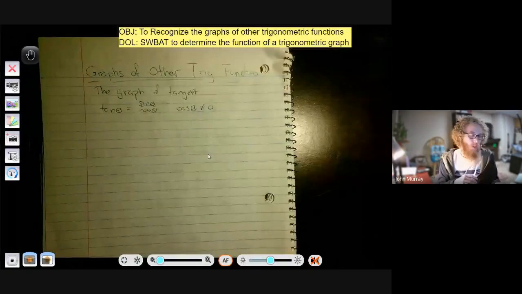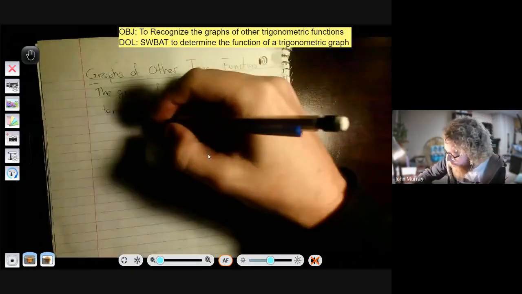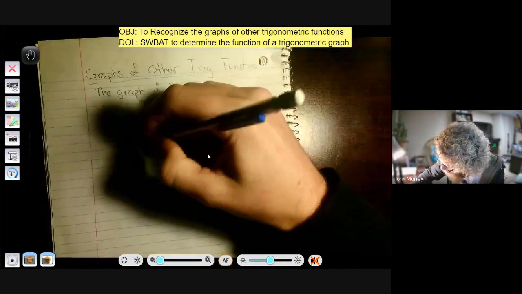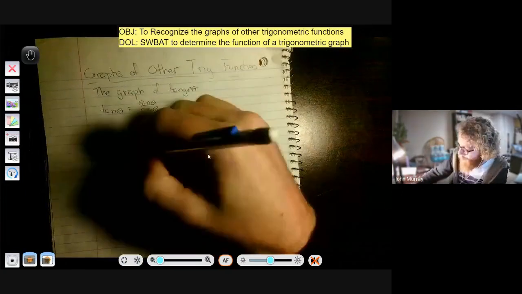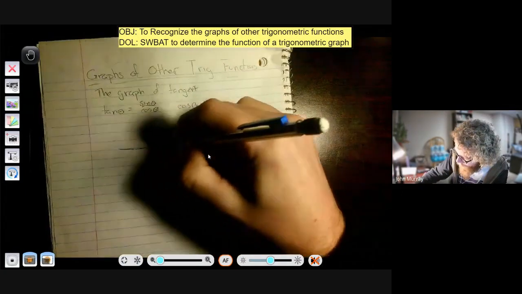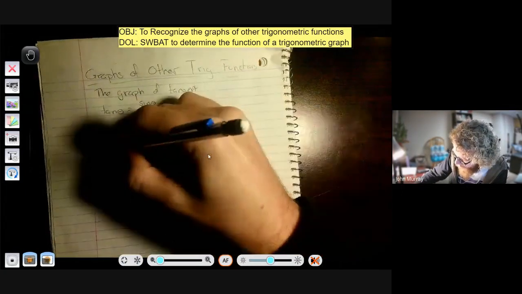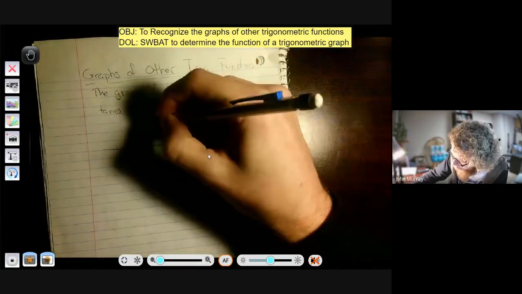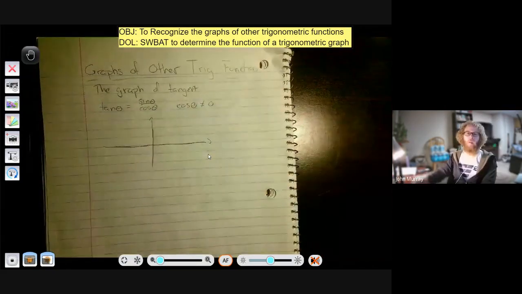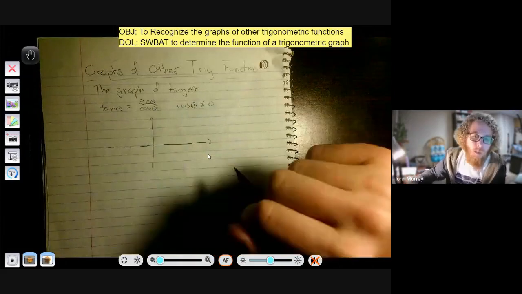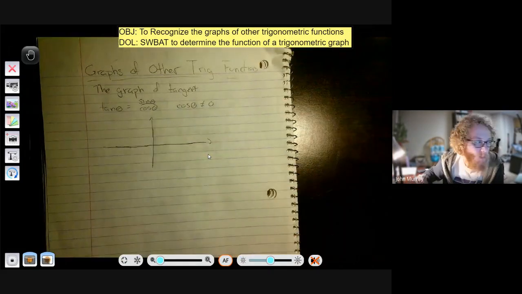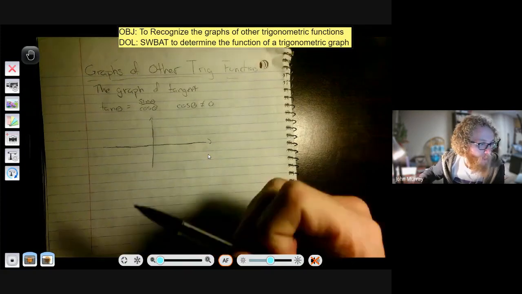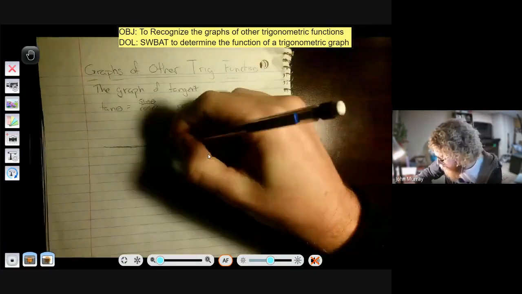So what that means is when cosine equals 0, on the graph of the tangent, I'm going to draw this x-axis pretty long. Going back to our rational functions, anytime we have a 0 in the denominator, that gets us an asymptote.